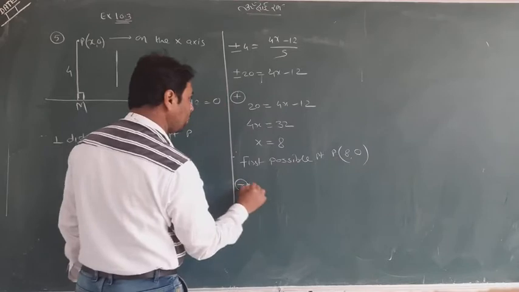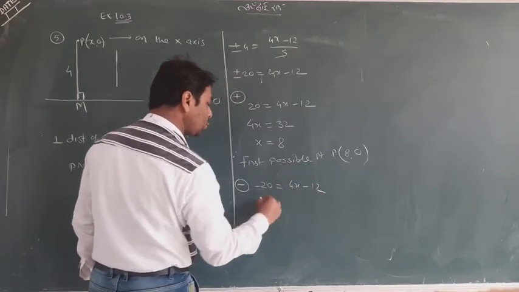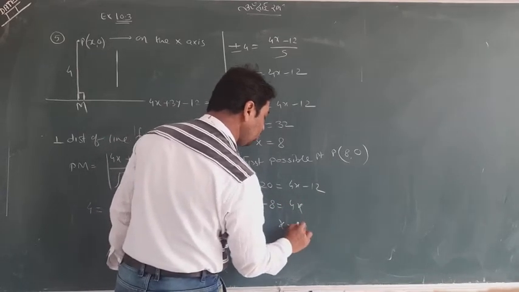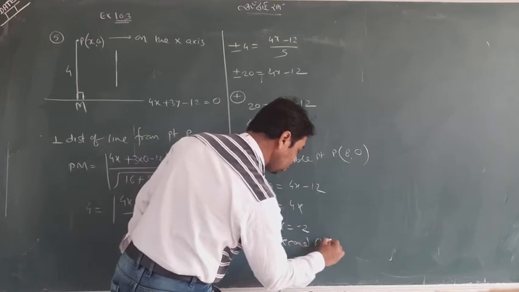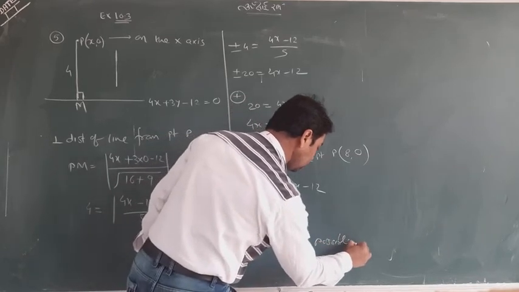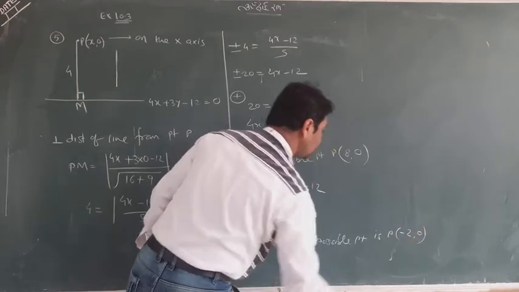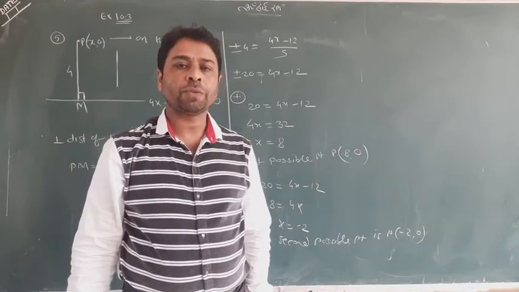And if I go with a minus sign, -20 equals 4x - 12, so 4x equals -8, so x is equal to -2. So the second possible point is P(-2, 0). Both points are possible and satisfy the given condition.